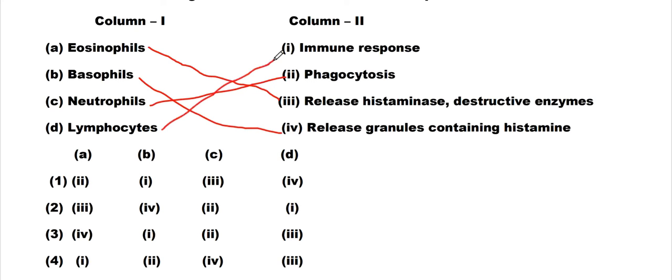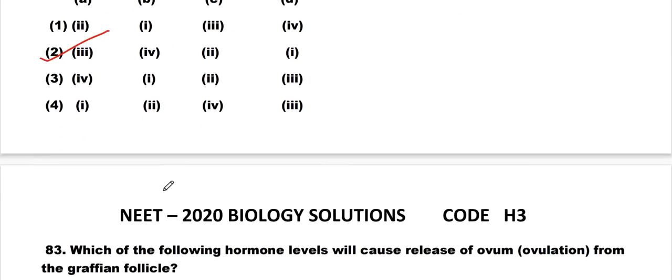Lymphocytes: B lymphocytes produce antibodies which are for humoral immunity, and T lymphocytes cause cell-mediated immunity. It is 1. So A is 3, B is 4, C is 2 and D is 1. So the correct option is 2 for question number 82.